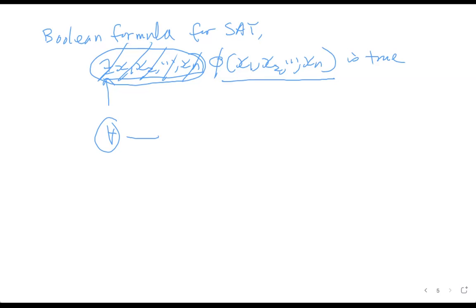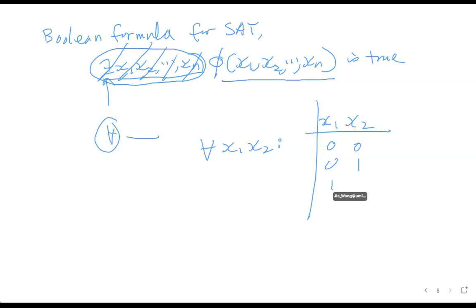For instance, for x1, x2, we have to look at all possible truth assignments for x1 and x2. That is 0 0, 0 1, 1 0, 1 1. So we've got to look at all of them.